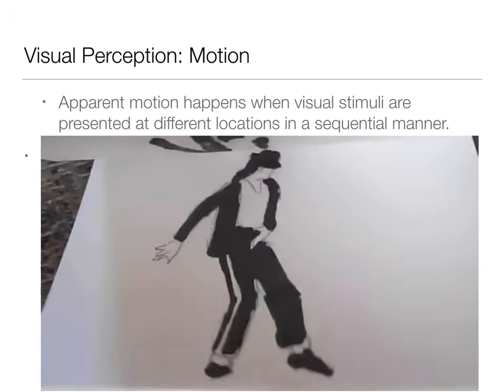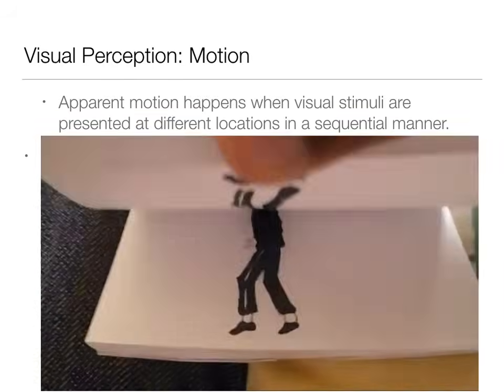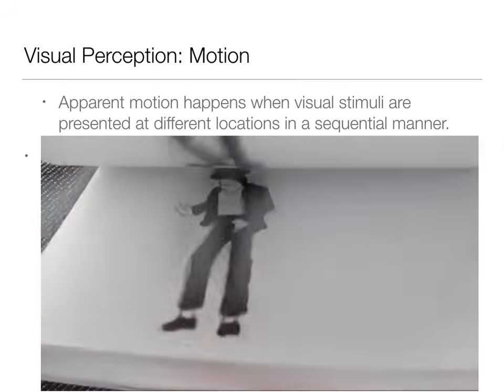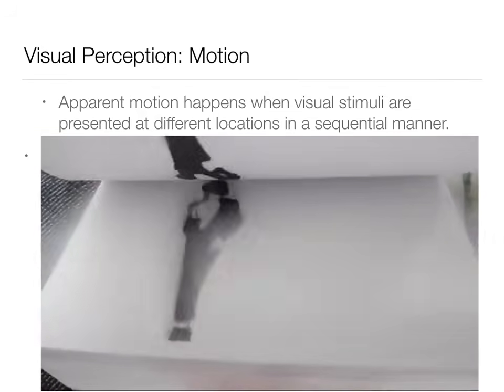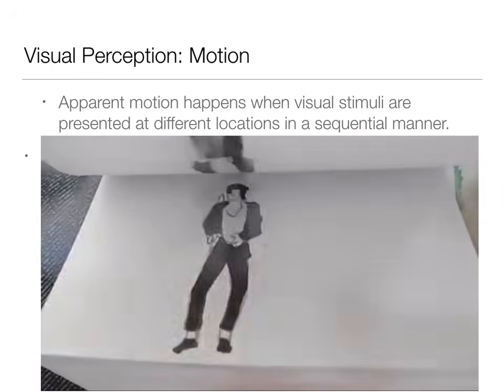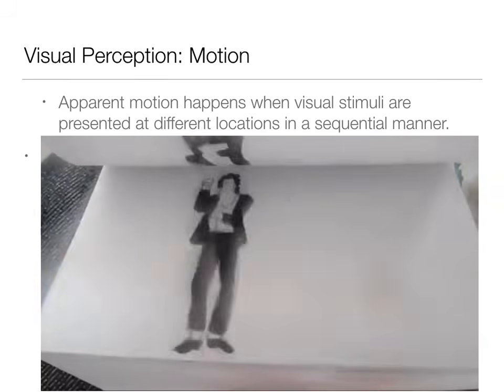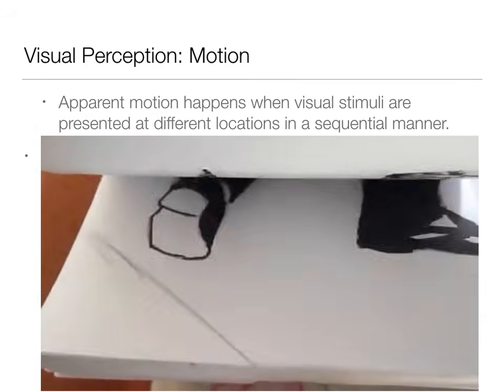This is what I'm talking about. Here it looks like Michael Jackson's dancing, because even though we have different images, they're presented at different locations in a sequential manner, and that creates apparent motion. This is, again, how cartoons first started when they were drawn by hand.